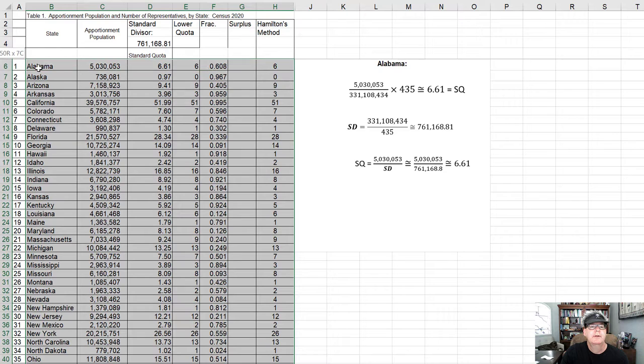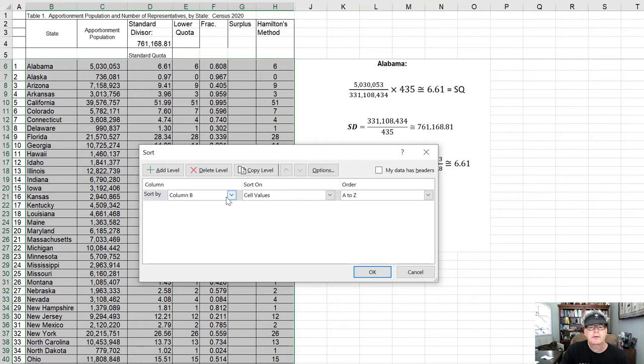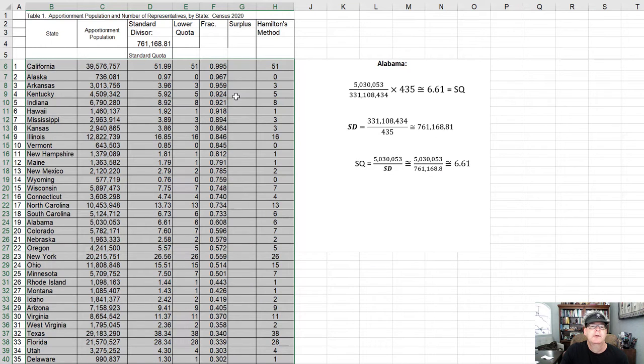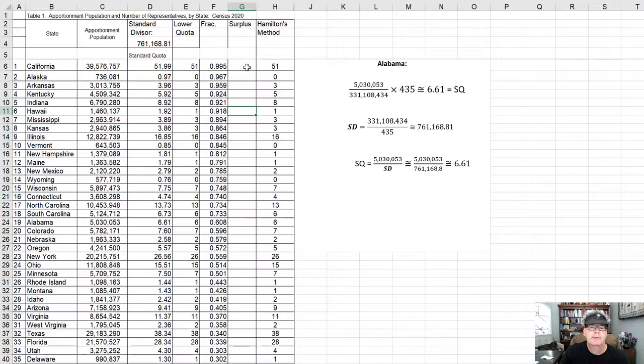So we just sort these. So we'll sort by that fraction. There we go. And so we can see California should definitely get a seat. So we'll give that a seat, and we'll just keep giving seats until we give out the 25.